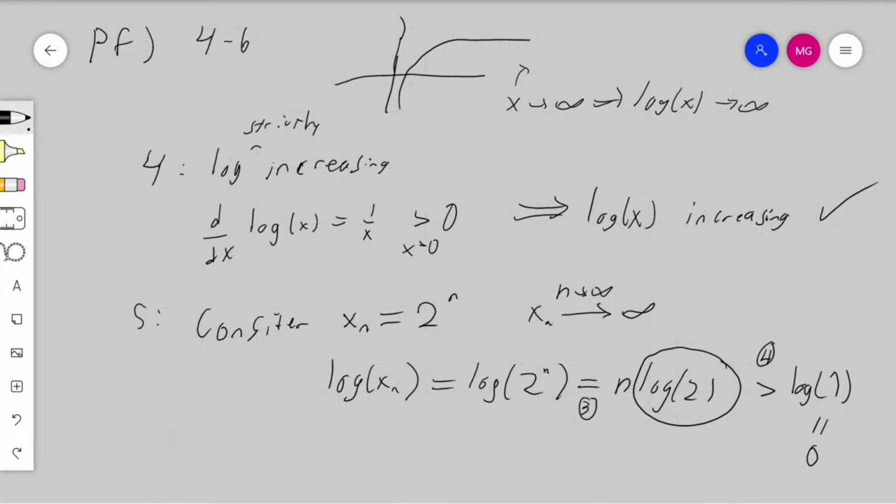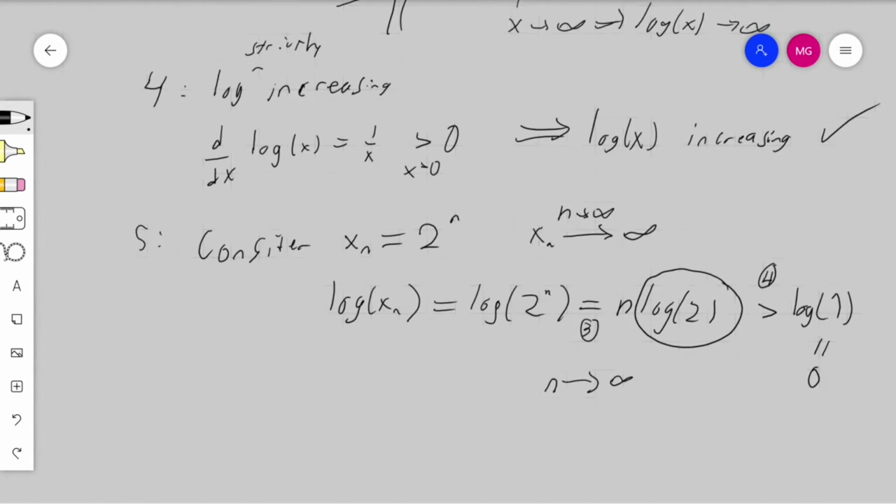And so what this shows is that log of 2 is strictly positive. So n times some strictly positive number, as we let n grow to infinity, implies that this quantity here, which is n times log of 2, or in other words, log of x sub n, is also approaching infinity.